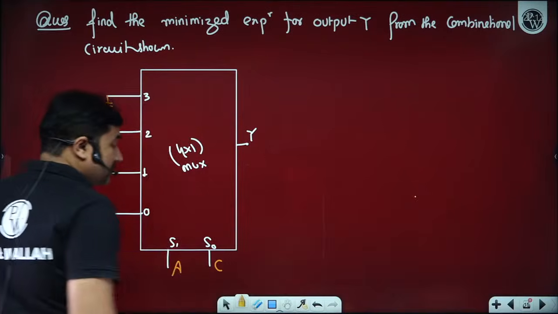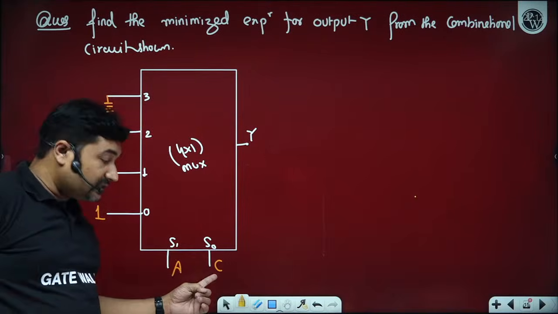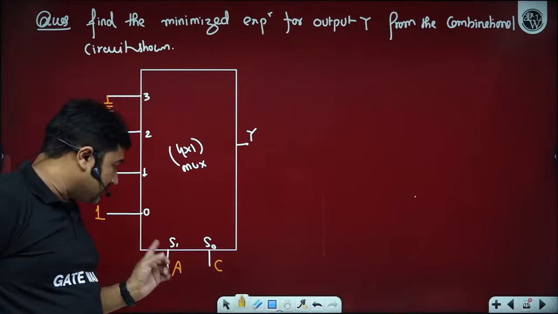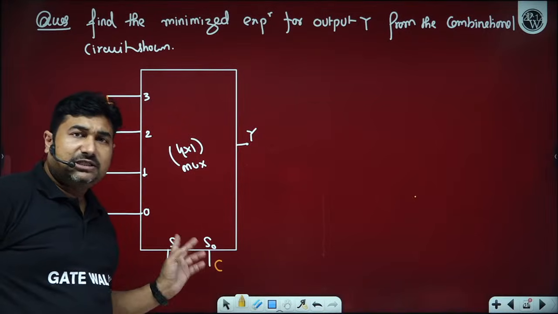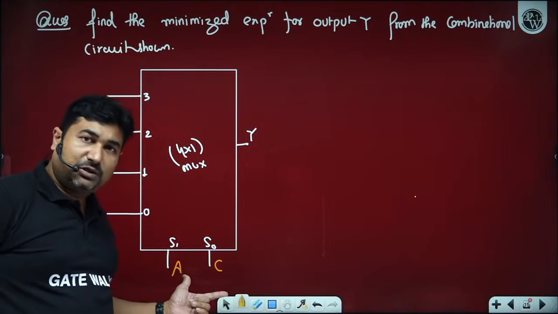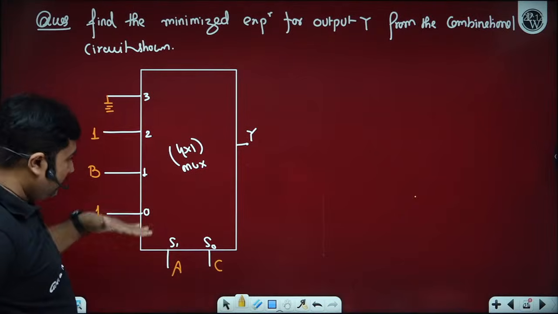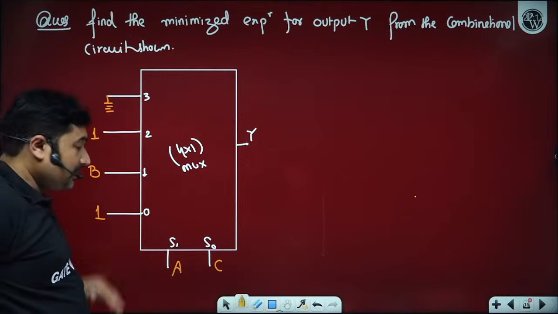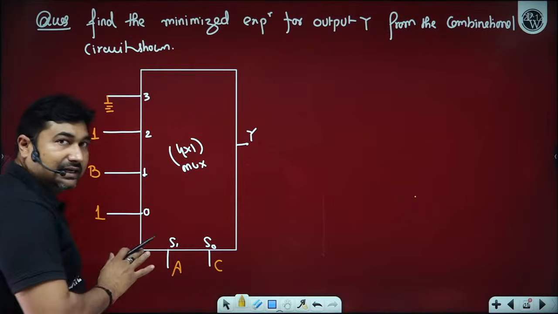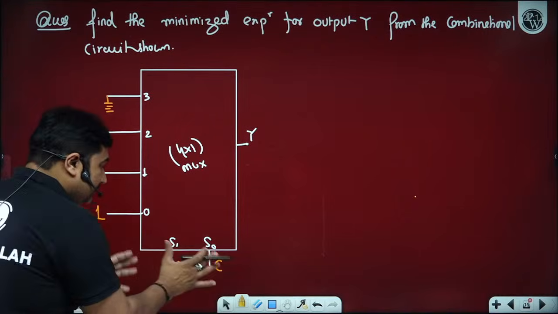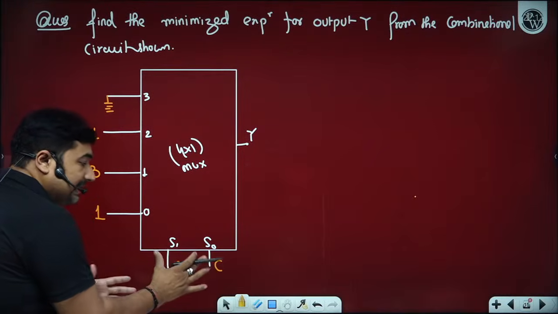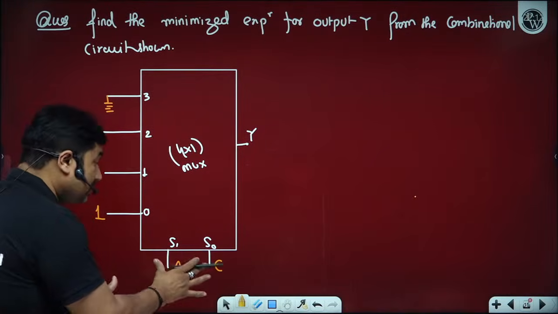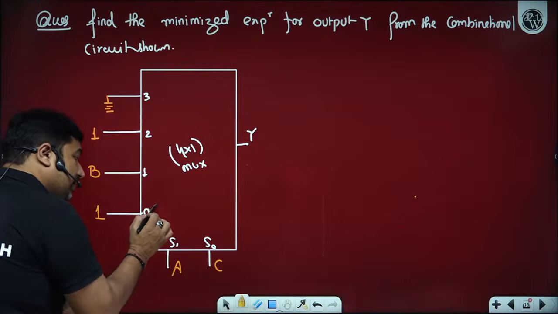So if you observe here, the representation is S0 is the LSB. We all know S0 and S1. So S0 is the LSB and S1 is the MSB pin. Is it okay? Yes, sir. And if we observe here, this is the LSB pin I0, I1, I2, I3. So as the designer wants to suggest, for the select lines, if A and C are both 0, 0, then the I0 pin is going to be selected.